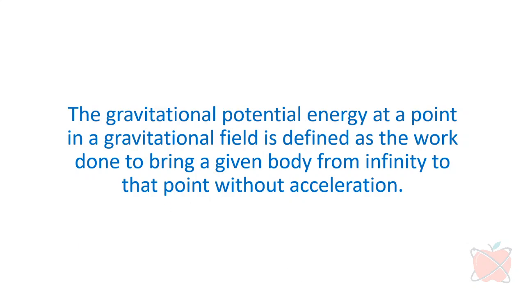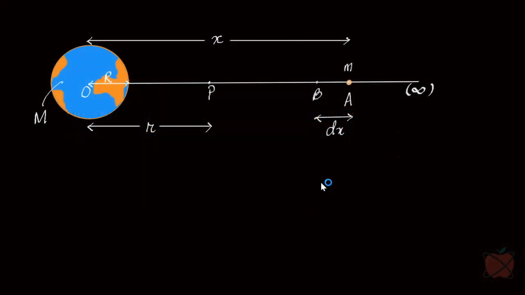Okay, so let us consider this diagram once again. So in this diagram, mind you that now m is not equal to 1, a small mass at A which is at a distance x from the earth.